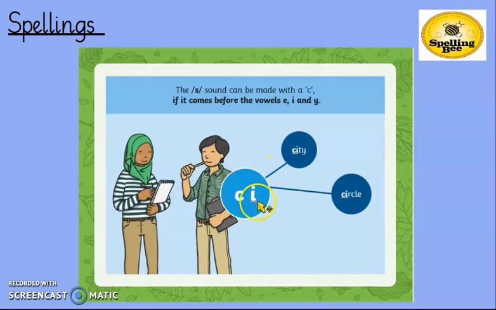If the S sound comes before the vowel I, we spell it with a C, and we get words like city and circle. We don't say kitty and kirkle. It just won't sound right. So you've got to remember those rules.